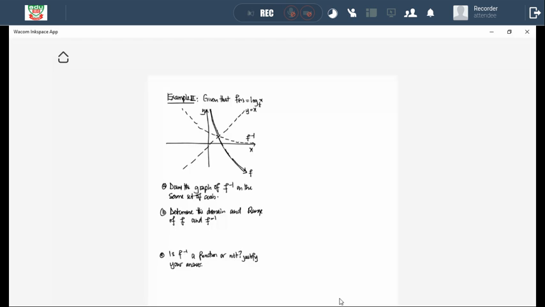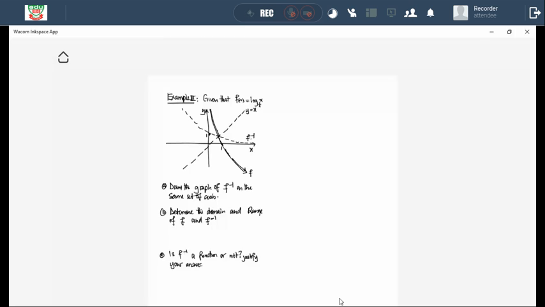You can see that the line y equal to x, f inverse, and f, they are all meeting at the line of reflection there. That's very, very important. If this is 1, that will also be 1. That is the graph of f and its inverse drawn on the same set of axes.